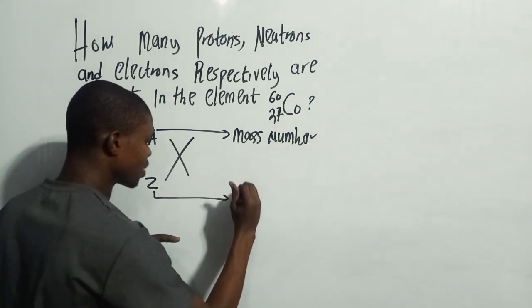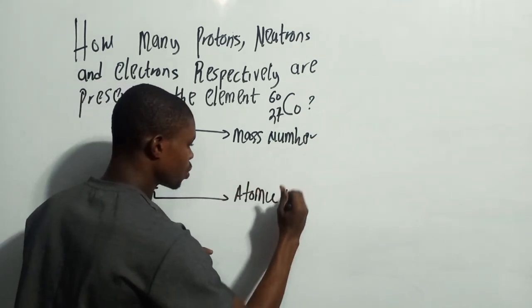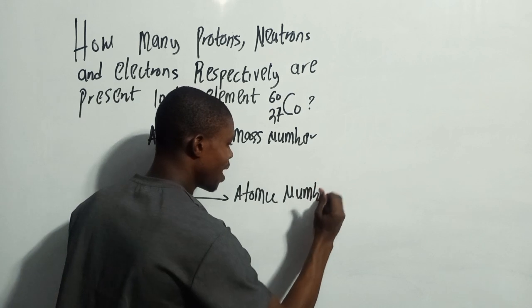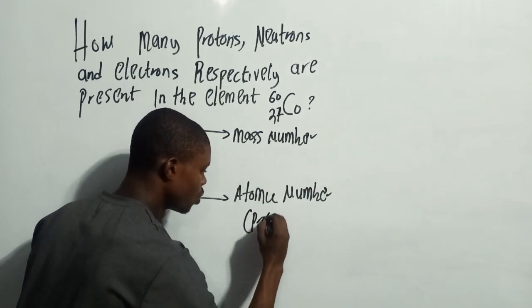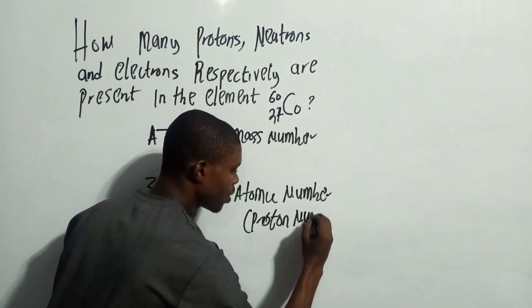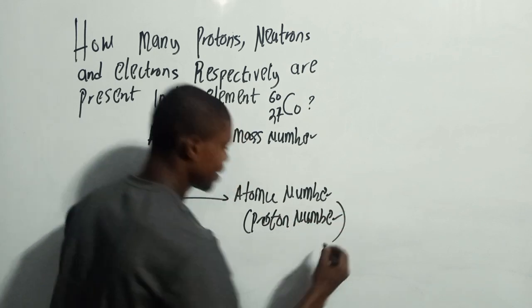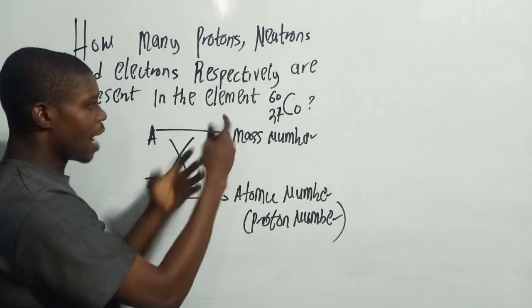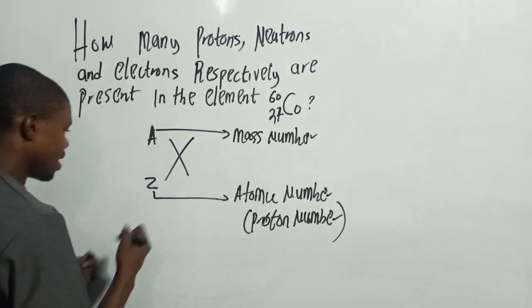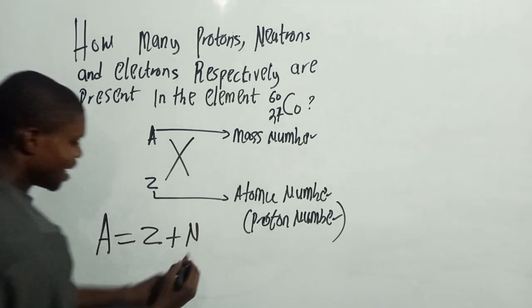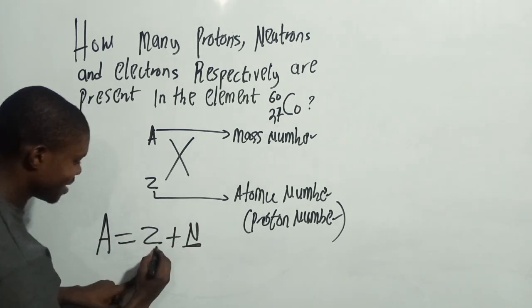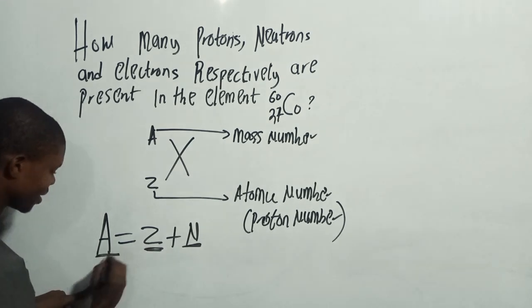Z is the atomic number, and atomic number, you also say as proton number. Do you get? So now what you want to understand here is that A is always equal to Z plus N. N is the neutron number, Z is the atomic number, A is the mass number.